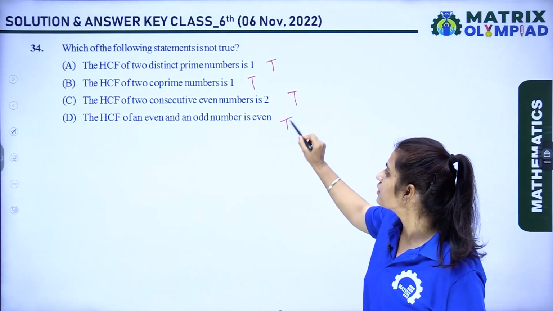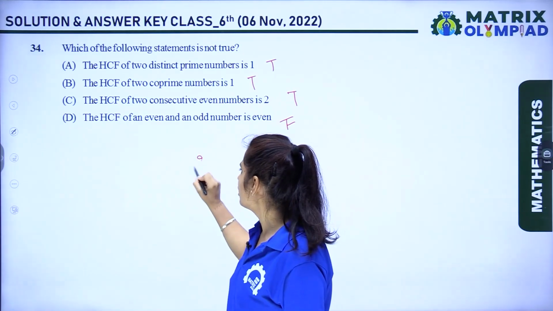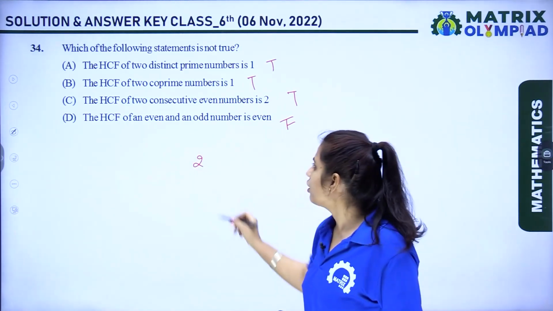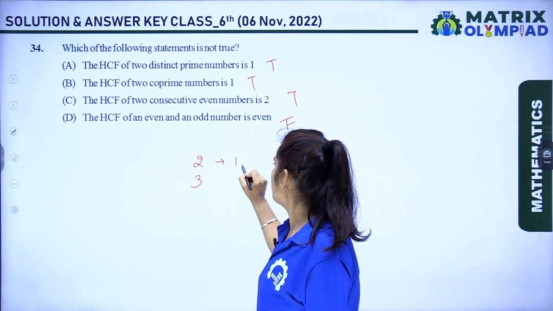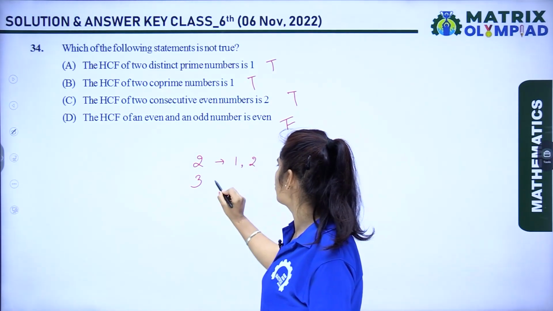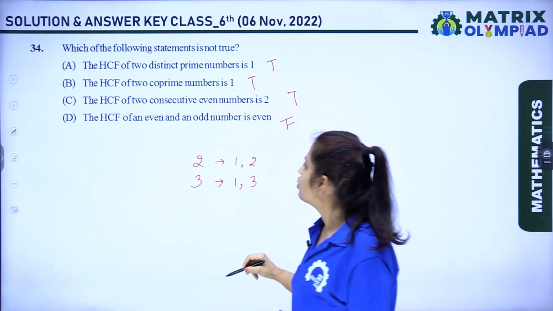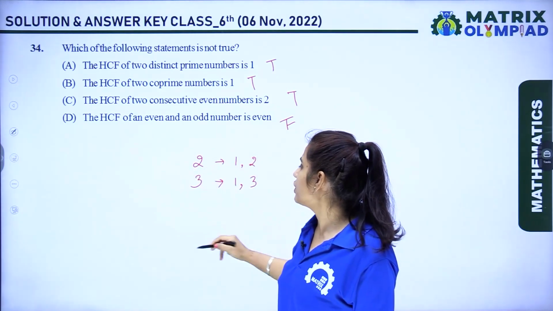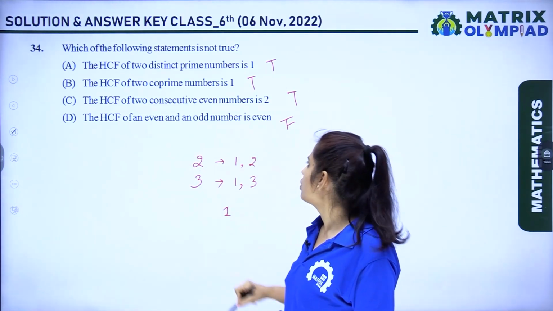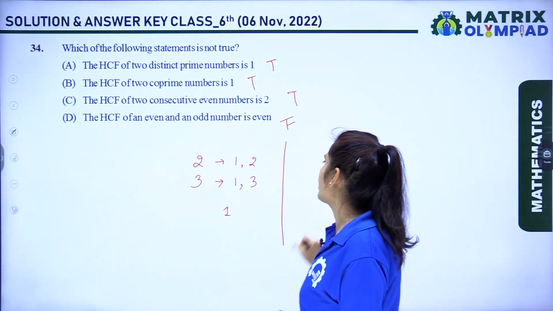So we can say that this statement is false. Let's take an example of an even number. Let it be 2 and the odd number is 3. So the factors of 2 are 1, 2. Factors of 3 are 1 and 3. So here the HCF of 2 and 3 is 1. So, 1 is not an even number. Let's take one more example.